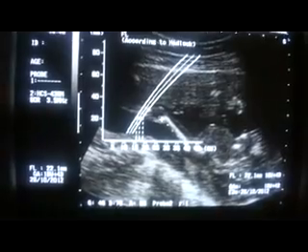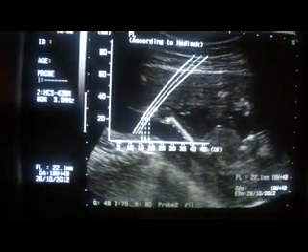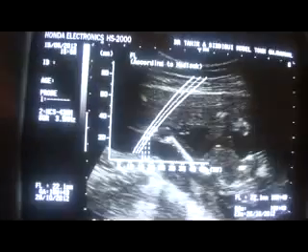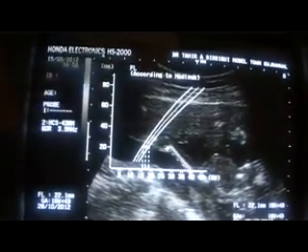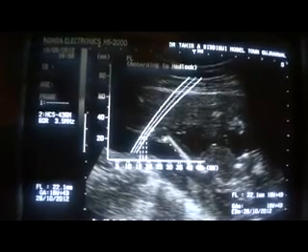This is the anterior abdominal wall. This is the transverse of the fetus, and you see this outgrowth is from the anterior abdominal wall.